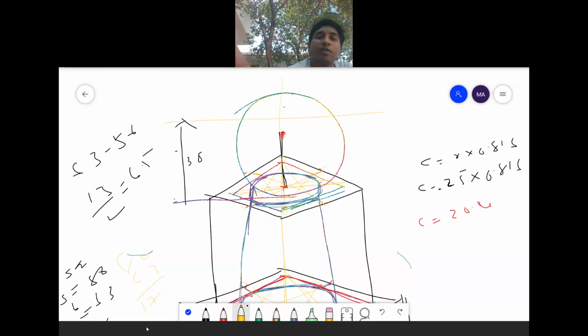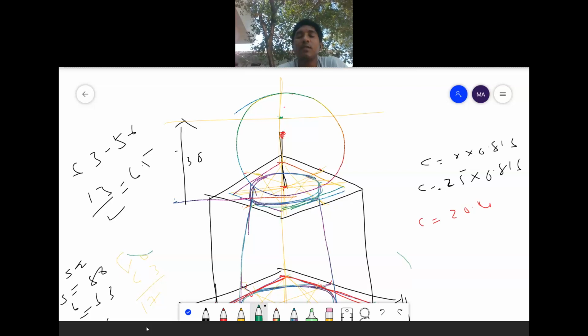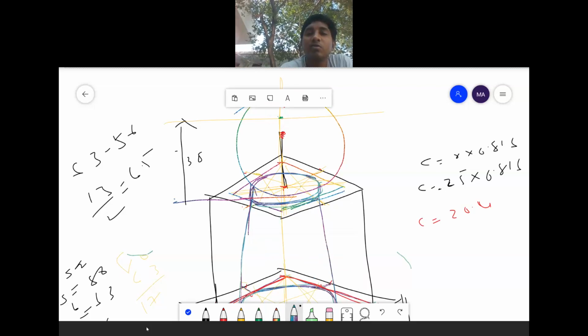And again, I will mark one vertical line here. I will get one point here. From that point, the diameter is how much? 50. Radius is 25. So I will extend 25 here. Up to 25, I will mark one point here.